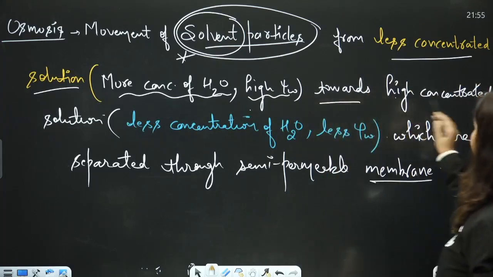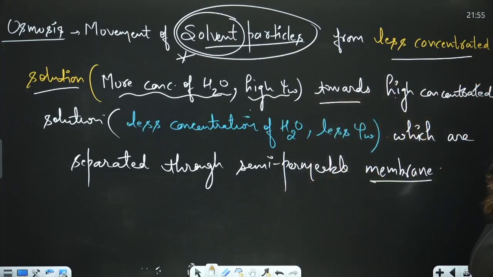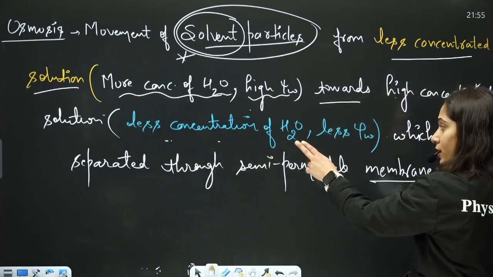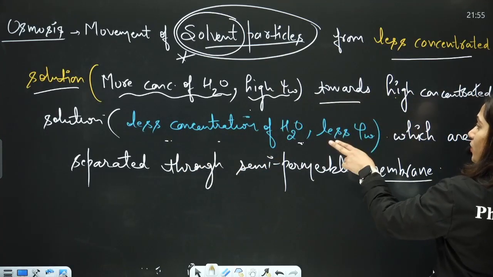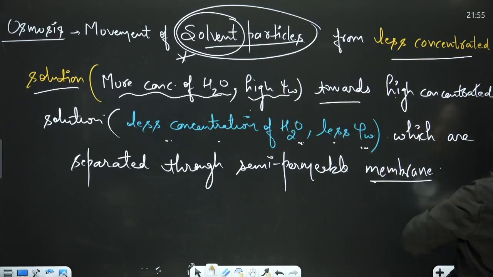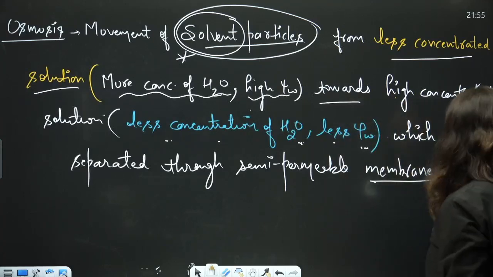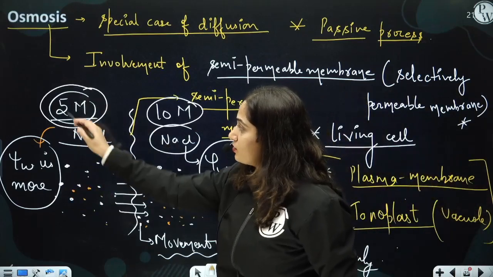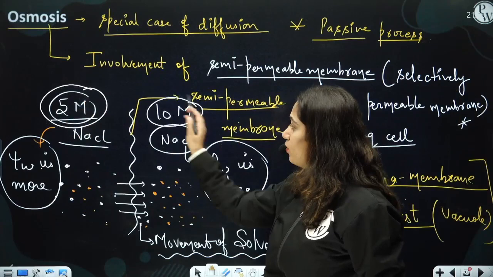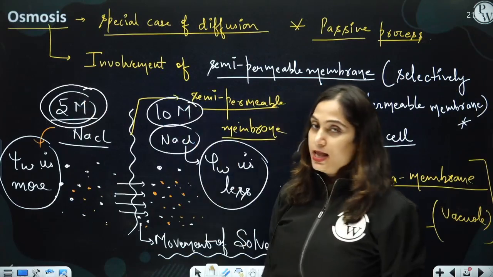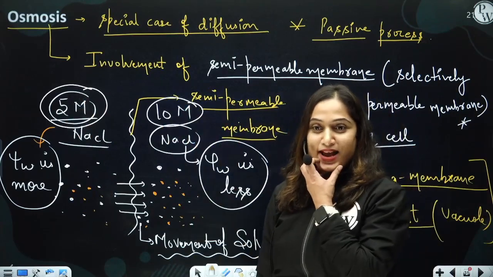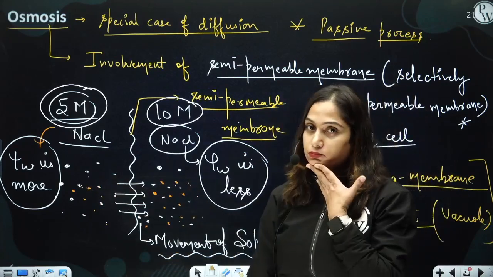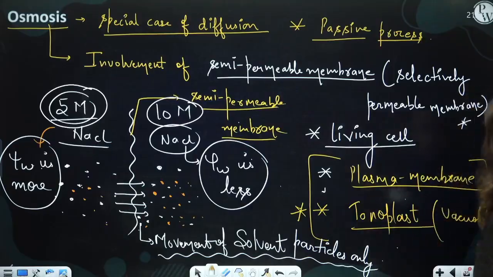Towards a highly concentrated solution, which will have less concentration of H2O, so it will have less water potential, through a semi-permeable membrane is osmosis, right? So movement of water from a less concentrated solution towards a more concentrated solution is osmosis, right? So water is moving from its own high concentration to its own low concentration here.